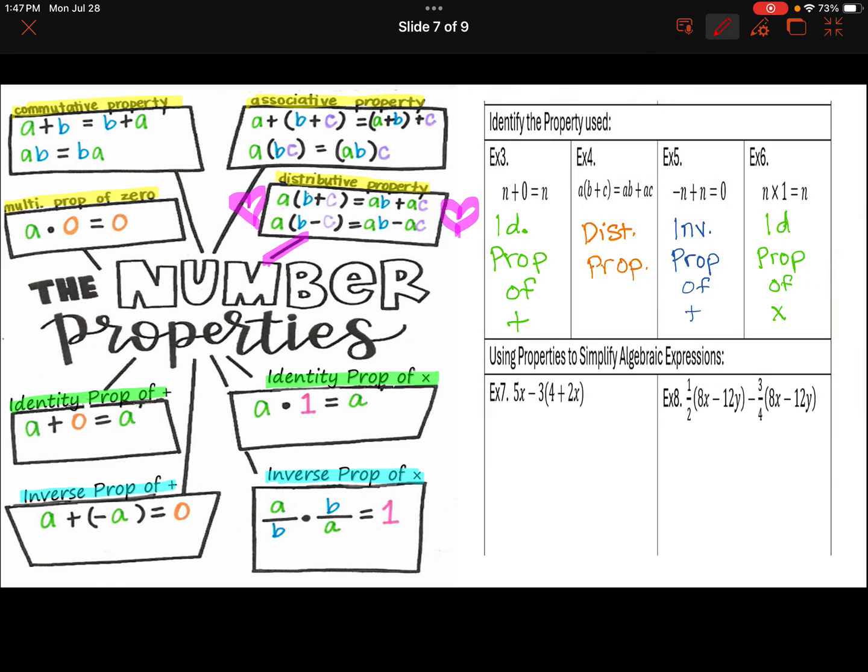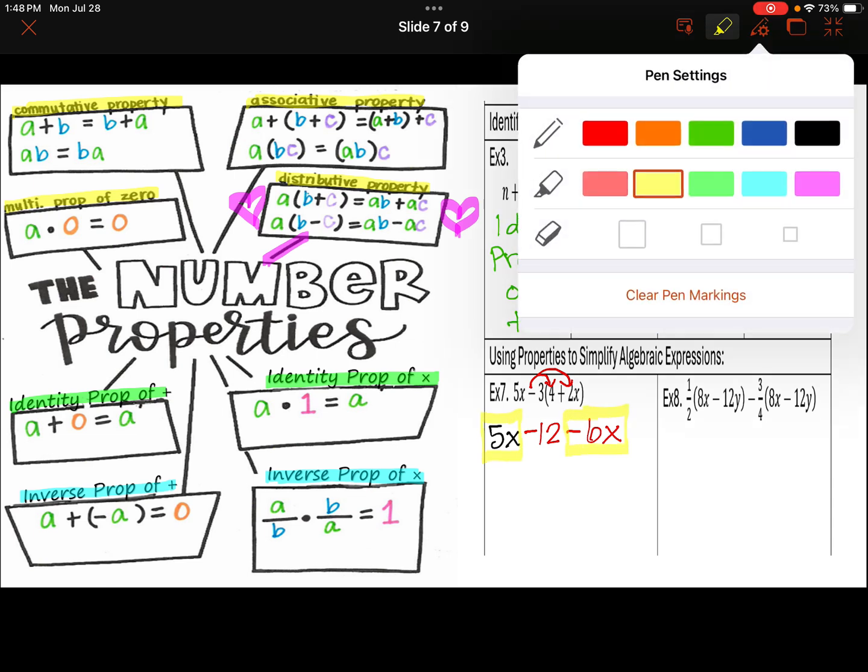Okay, now we're going to go ahead and use these properties in order to simplify some algebraic expressions. So the first thing we're going to do is distribute that negative 3. So now I have negative 12 minus 6x. And then I have my 5x. And now we're going to go through and combine like terms. You probably saw this as the box and circle method when you very first learned how to do it.